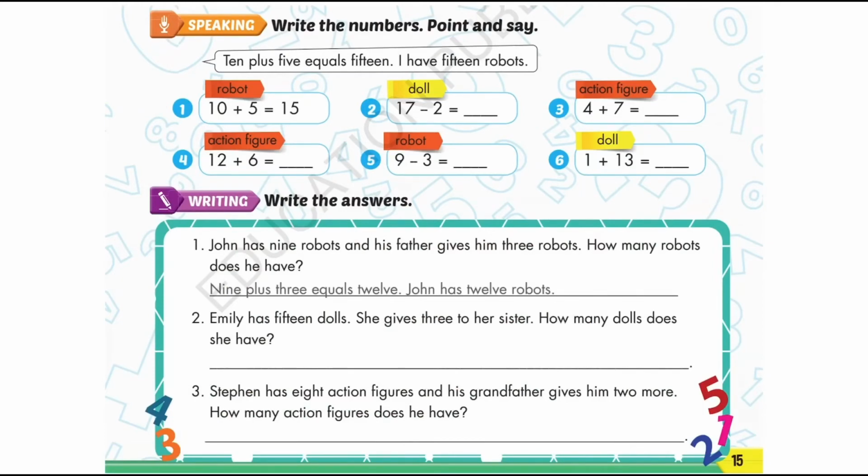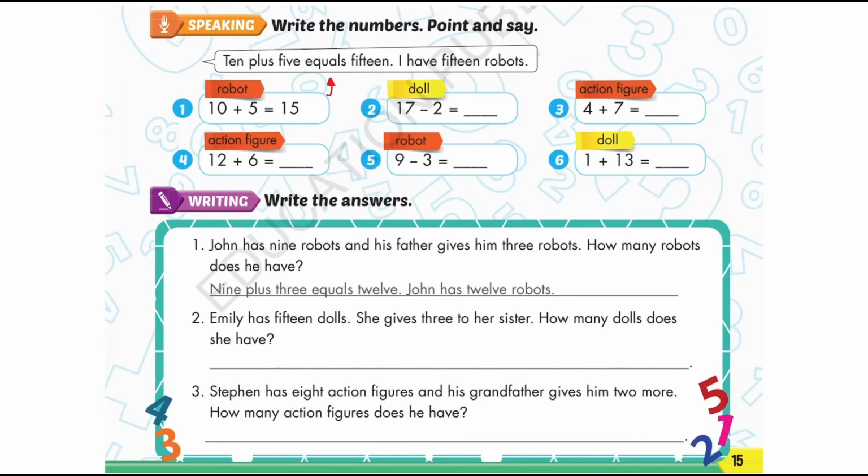So, can you do this by yourself? For example, number 1, 10 plus 5 equals 15. I have 15 robots. Okay, 2. 17 minus 2 equals.